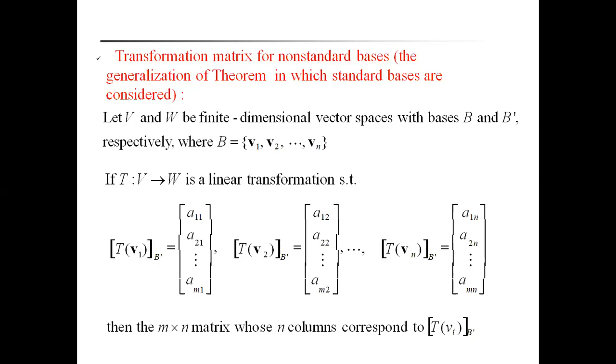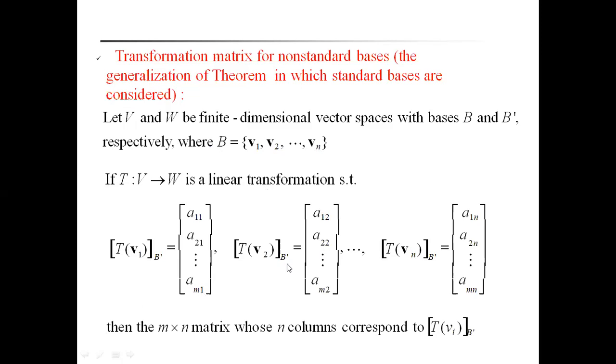Let V and W be two finite dimensional vector spaces with bases B and B dash respectively, where B is equal to {V1, V2, so on Vn}. Here, T is a linear transformation from V to W such that T of V1 relative to the basis B dash is equal to the first column of the matrix A, that is, A11, A21, so on, Am1.